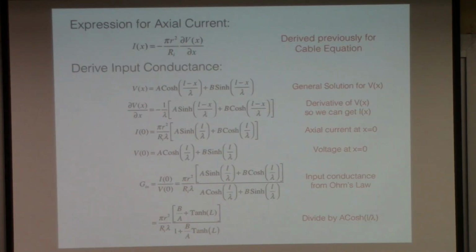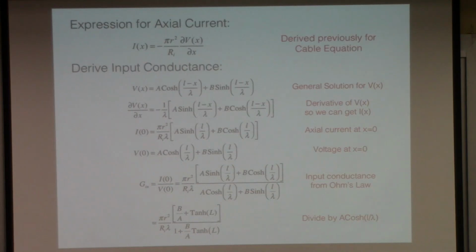So I know that at location 0, the derivative of V of x evaluated at location 0 is just I of 0 divided by this thing, right? So I can plug that in for the derivative of V of x and get a current on the left-hand side and the rest of this expression on the right-hand side.